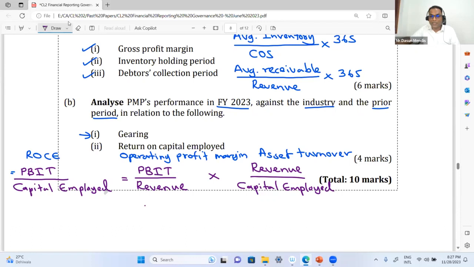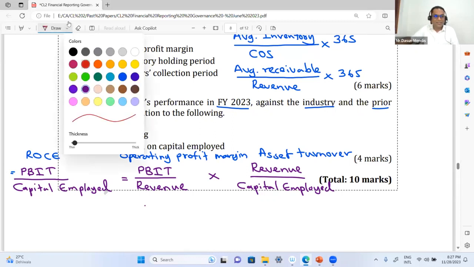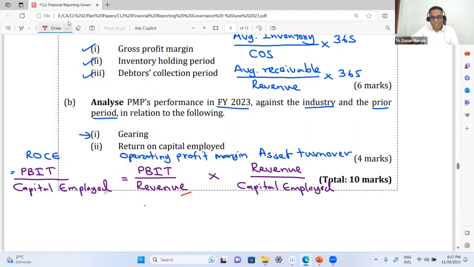Now, when you multiply PBIT divided by revenue into revenue divided by capital employed, revenue cancels out with revenue. Then what is remaining? PBIT divided by the capital employed. That's why we say that our ROCE ratio is a multiplication of your operating profit margin into asset turnover.